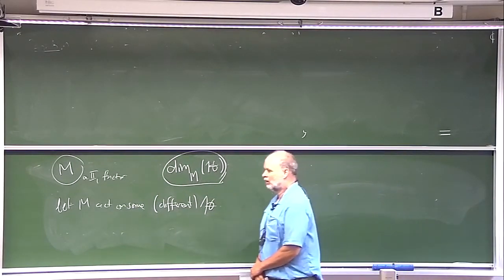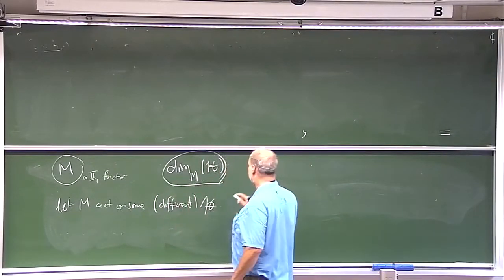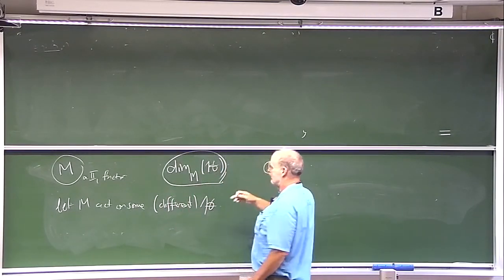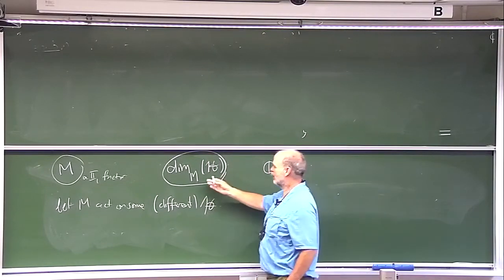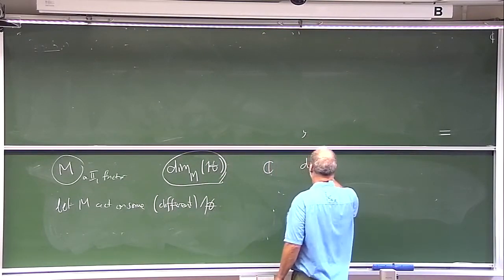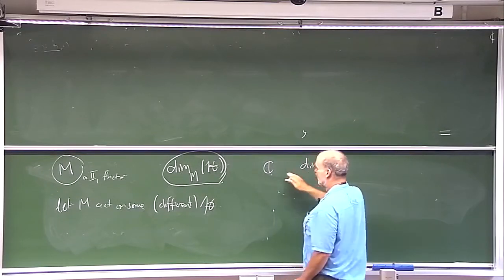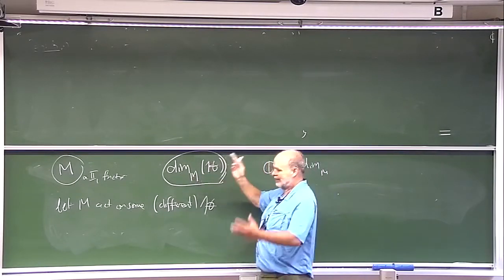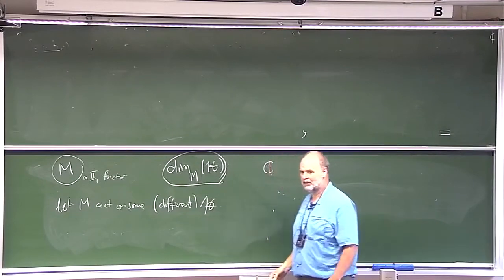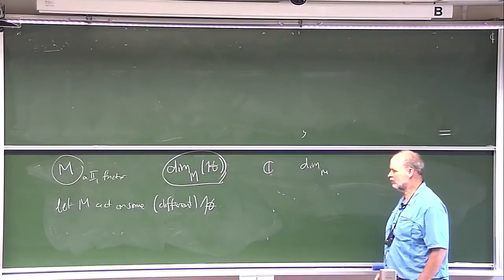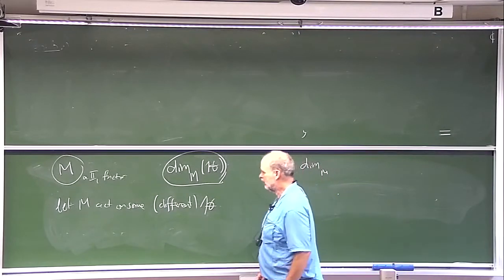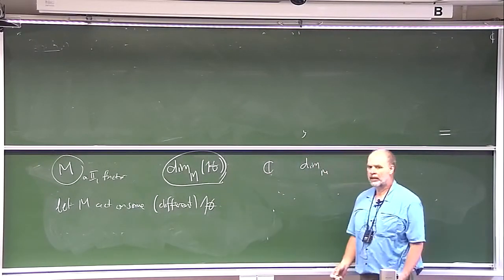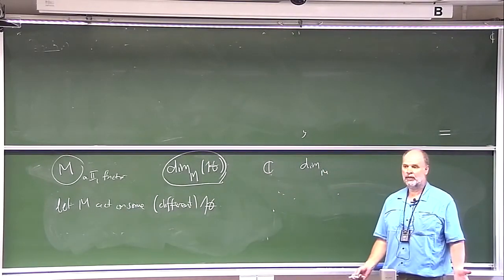Right? So you can think in the back of your minds, if you like, the very simplest Hilbert factor of all is C. So this number that we come up with, dimension M of H, should be, in the case where M is C, actually the ordinary dimension of a vector space over the complex numbers. So now how are we going to define it? Well, how do you define dimension of a complex vector space?